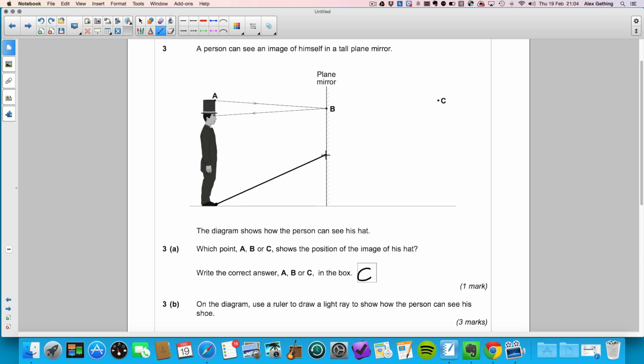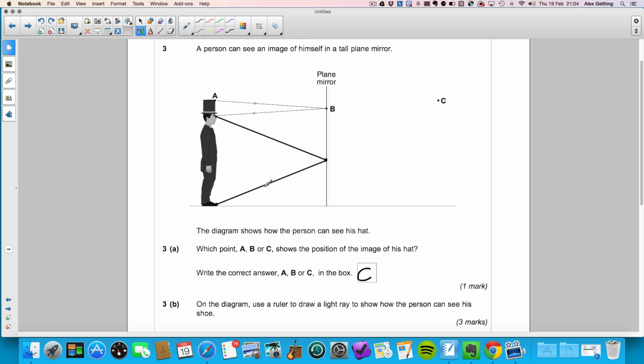I'm going to find the point sort of halfway between, because the angle going in will be the same as the angle going out. So I'll go there, and then from that point that's going to go up to this gentleman's eye. That's perfect, but on the mark scheme there'll be a range, and as long as this point there is between sort of there and there, then you would get the mark, as long as it's showing it in that direction.